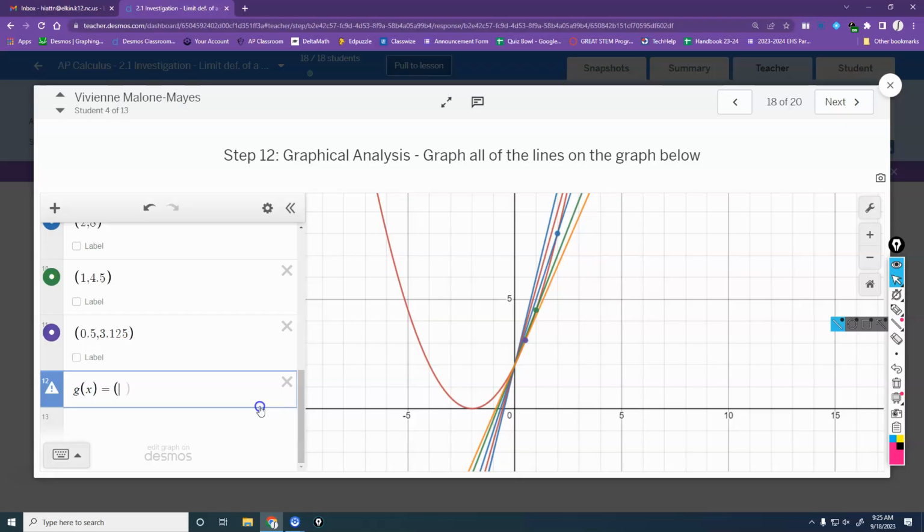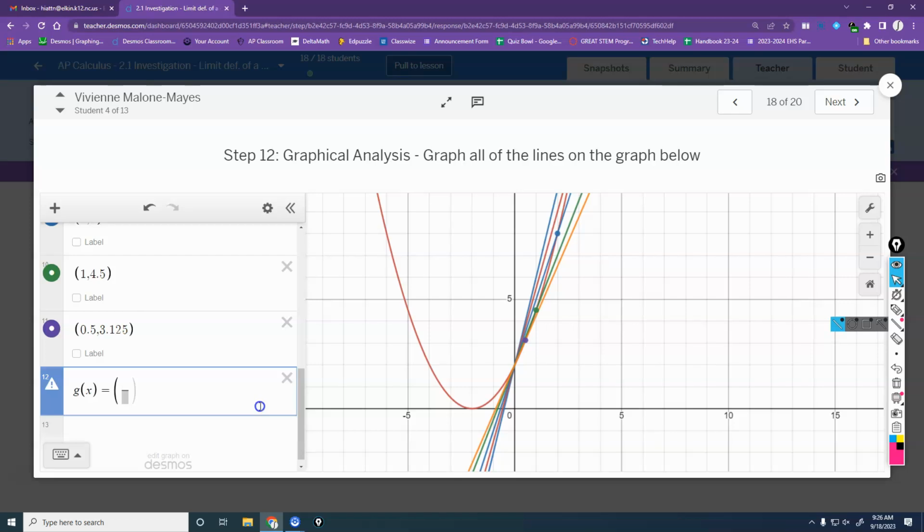I'm going to do the slope formula right here. So if I use 1/10, I'm going to cheat since we're using little bitty numbers. 2.205 minus 2 over 0.1 minus 0.